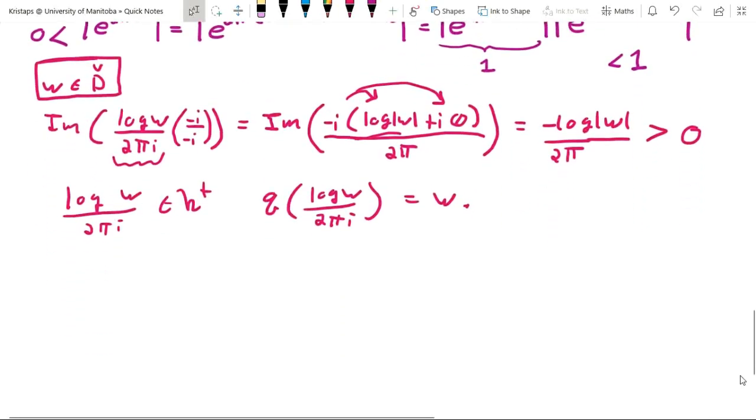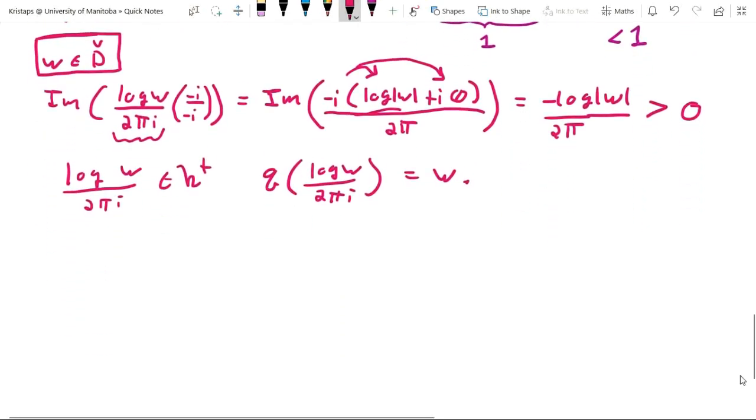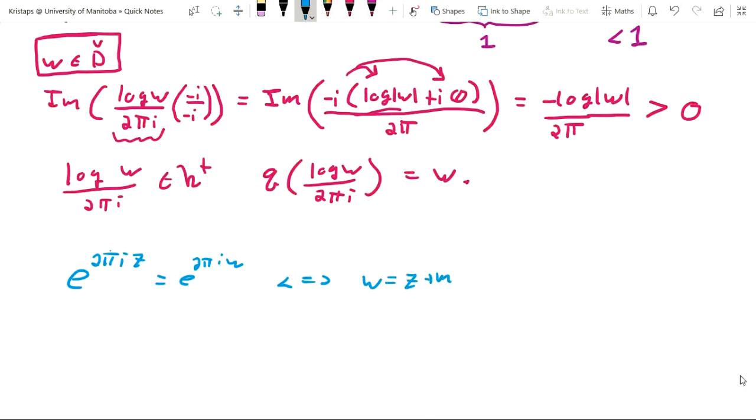Now, this map isn't injective. However, if one recalls from basic complex analysis that two quantities e to the 2 pi i z and e to the 2 pi i w will only be equal if w and z differ by some integer.